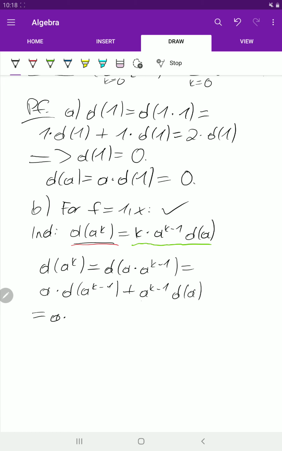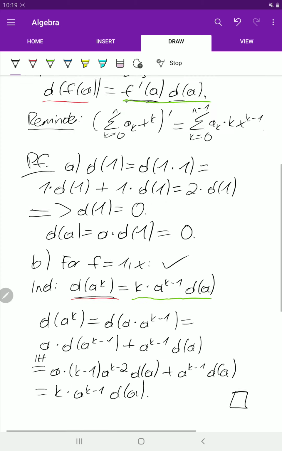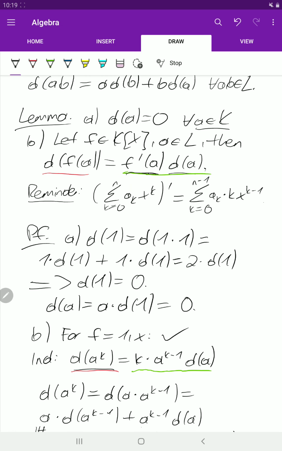So we get A times, now, k minus 1, A to the k minus 2 D of A, by the inductive hypothesis, plus A to the k minus 1 D of A, and that's exactly what we want to have. That's k times A to the k minus 1 D of A. So we're done, and we've proven this second equality. So this is part B.